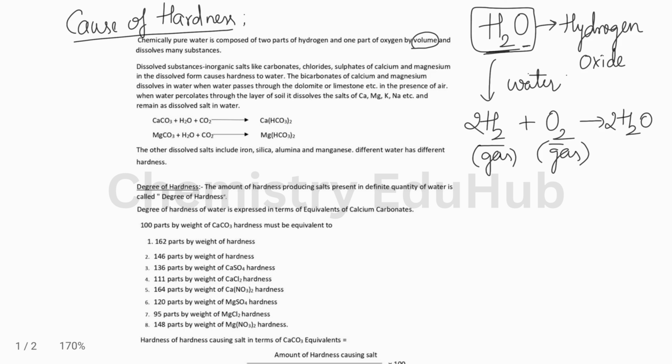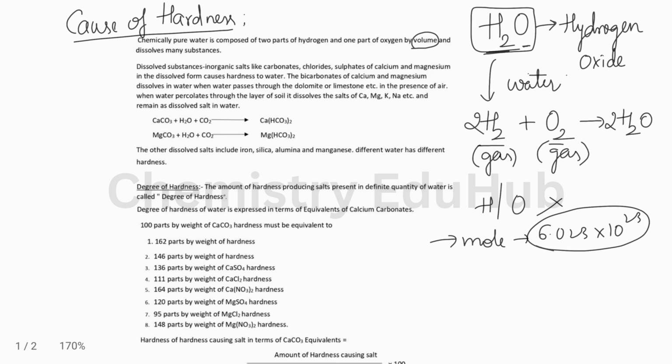We cannot take a single hydrogen atom or single oxygen atom. This is not possible. We have to take in terms of moles. Mole in the sense, we take 6.023 into 10 power 23 particles of hydrogen, or 6.023 into 10 power 23 particles of oxygen. This is nothing but a mole.